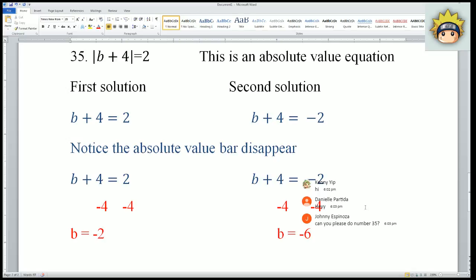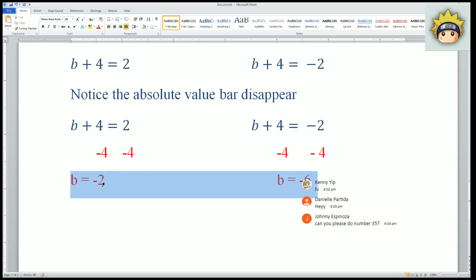Be very careful. Notice -2 plus -4. Subtracting 4 is the same thing as adding a negative 4. That is how you got your -6.